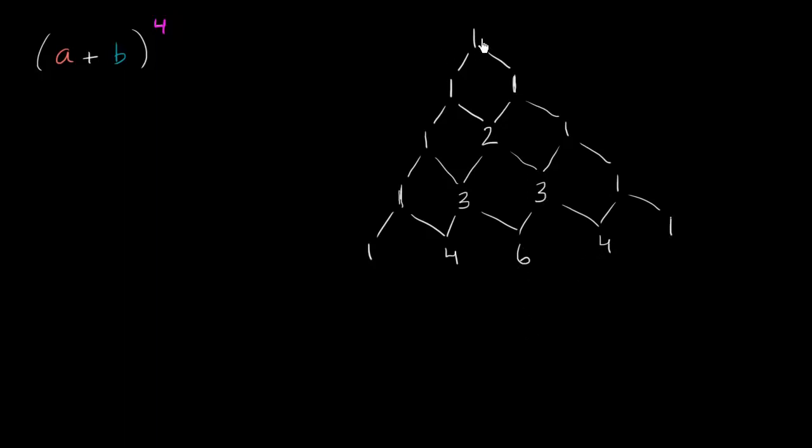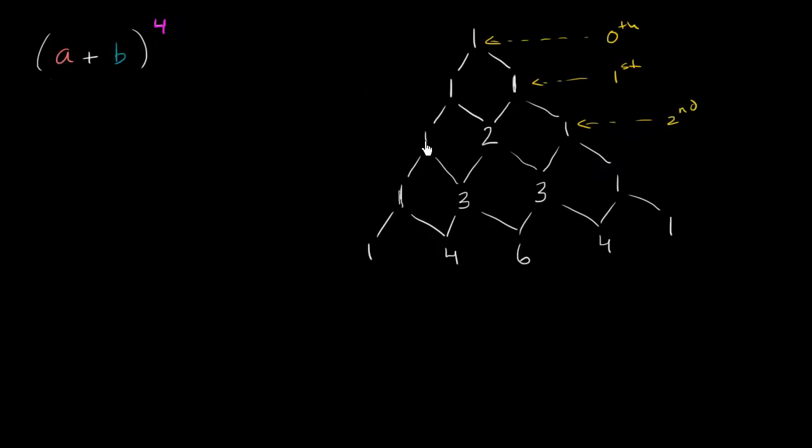And now I'm claiming that these are the coefficients when I'm taking something to the, so this is if I'm taking something to the 0th power. This is if I'm taking a binomial to the first power, to the second power. Obviously for a binomial to the first power, the coefficients on a and b are just 1 and 1.